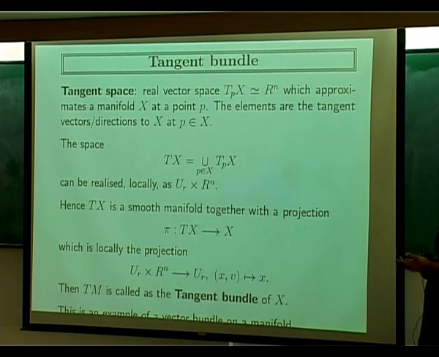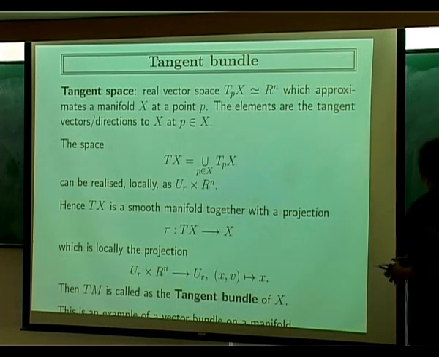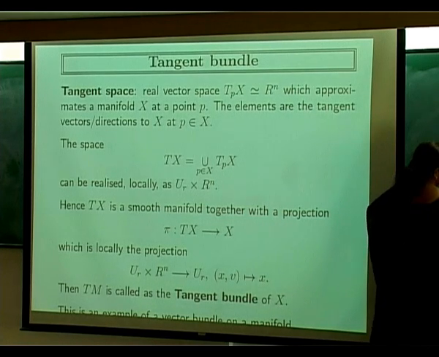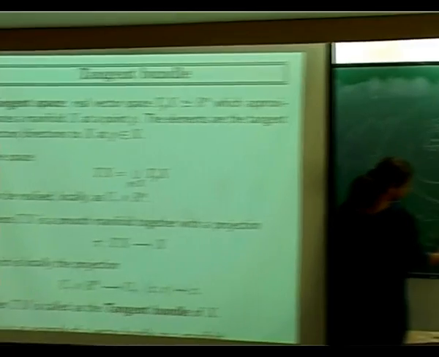Whatever operations you can do on vector spaces, you can also carry forward to the tangent bundles. For example, suppose you have two vector spaces; the first thing you can do is take their direct sum, which is again a vector space. Then you can take exterior powers and tensor powers. So suppose V and W are vector spaces.